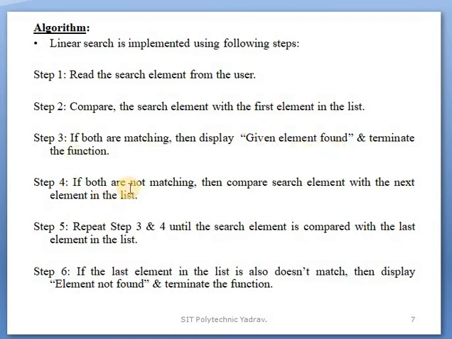Otherwise, if not matching, then compare with the next element, and after that, the next. Meaning steps 3 and 4 are repeated up to the last element in the list, meaning you complete the list, you finish the list.